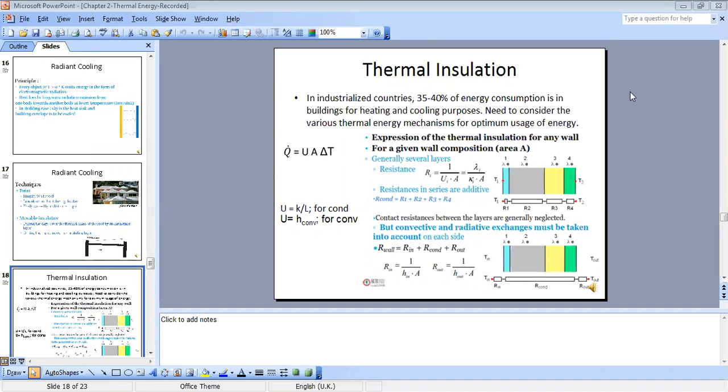The envelope of the building should be resistant to heat transfer between the inner side and the outer side. So in industrialized countries, 35 to 40% of energy consumption is in buildings for heating and cooling purposes. So as you can see, we are losing a lot of energy in order to heat and cool our buildings.